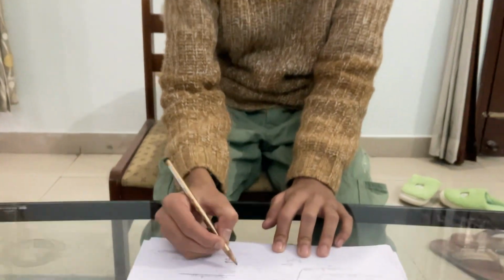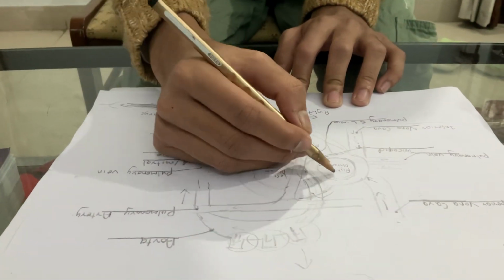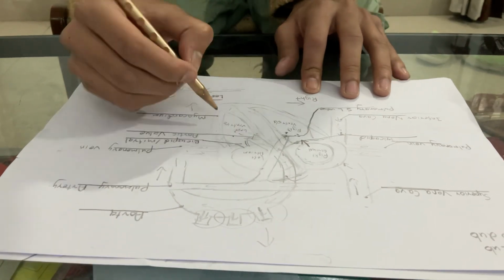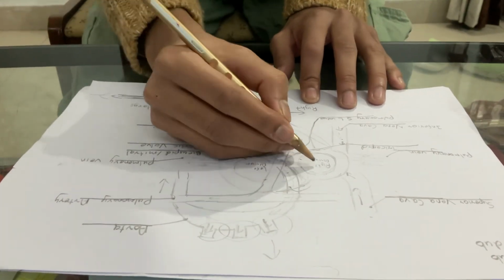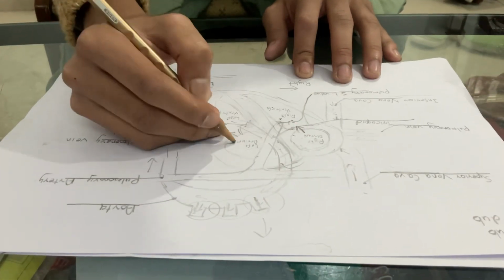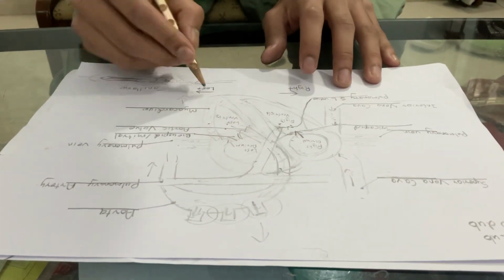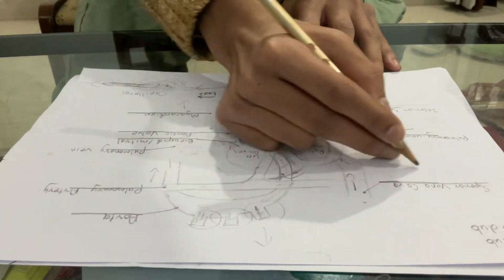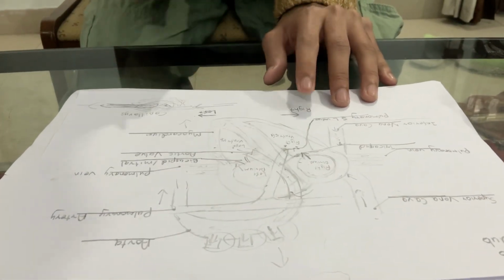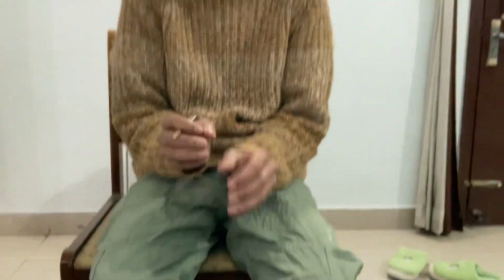We could see that it is thick in the ventricles and thin in the atria. Why? This is because the atria need to only push the blood into the ventricles, but the ventricles need to either push it to the lungs or throughout the entire body. That's why the myocardium there is thicker.